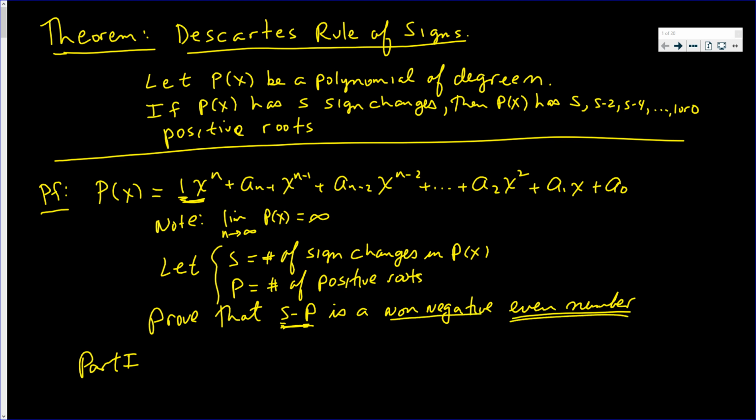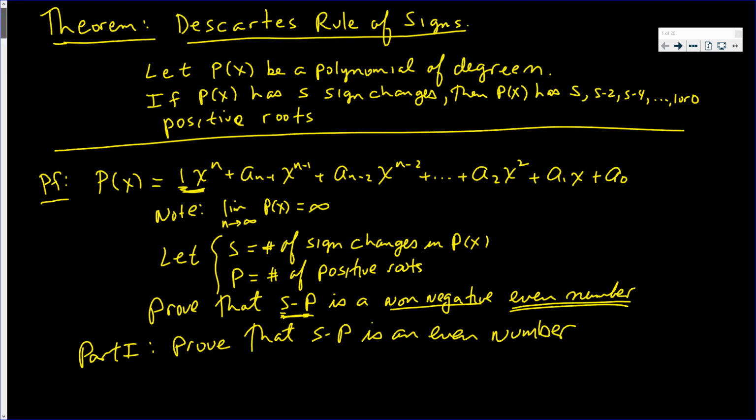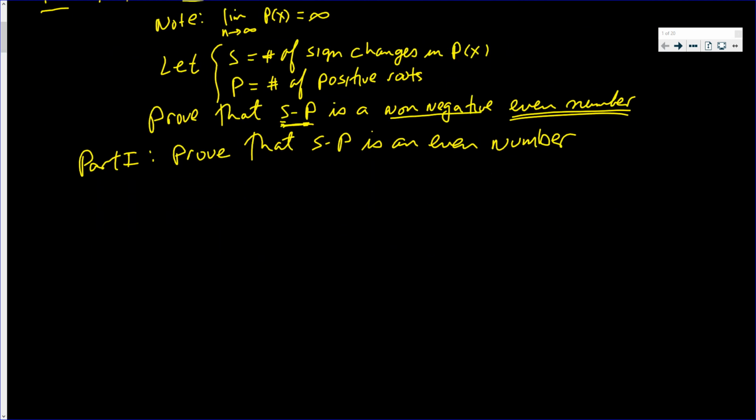So part 1, like I said, I want to prove that s minus p is an even number. Remember, minus 2 and minus 4 and minus 6, they're even numbers.